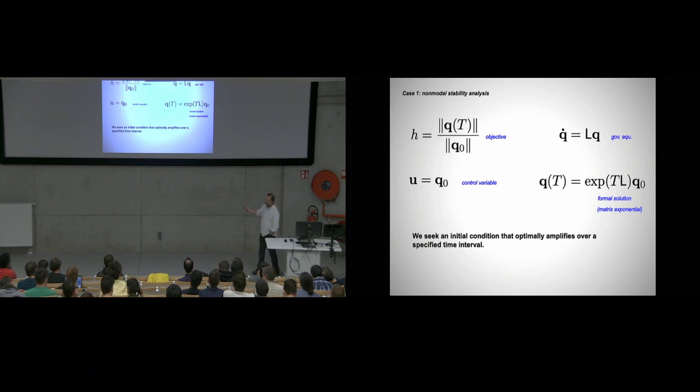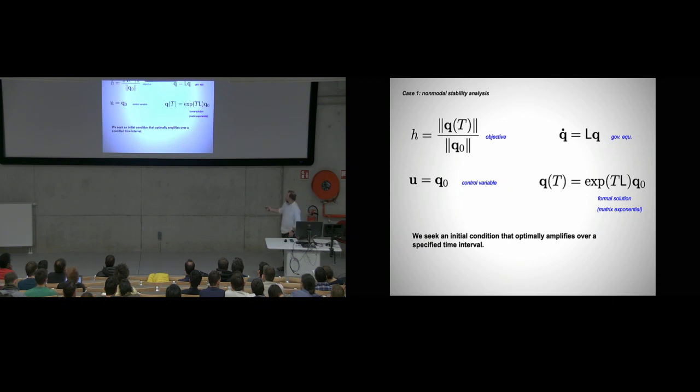Okay? But as I said, in most flows, this doesn't make sense. The time scale is set by the flow, and we're going to have a characteristic time horizon t, and we want to know what is the perturbation over that time horizon t that optimally grows and uses all it can use in the equations to grow.